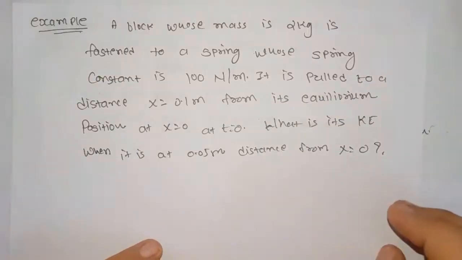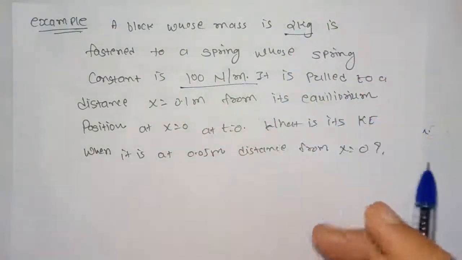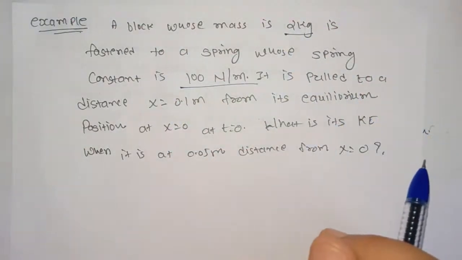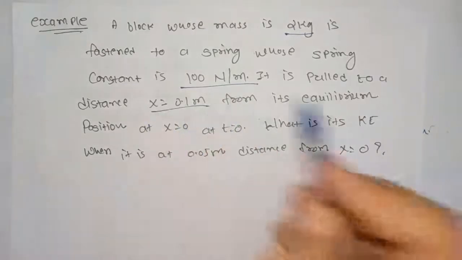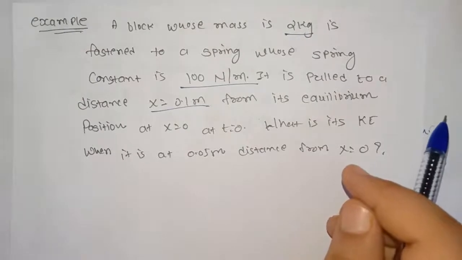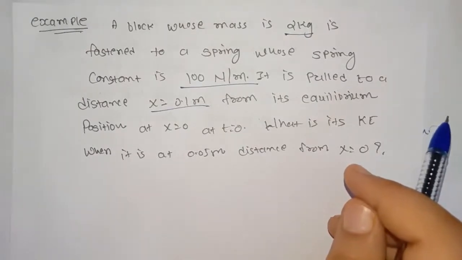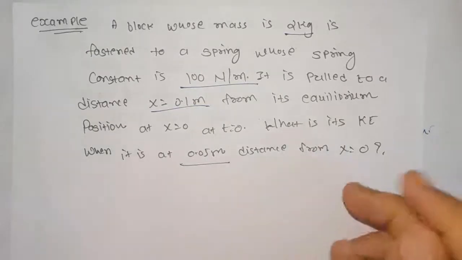In this example, a block whose mass is 2 kg is fastened to a spring whose spring constant is 100 Newton per meter. Now it is pulled to a distance of x equal to 0.1 meter from its equilibrium position. We want to find its kinetic energy when it is at 0.05 meter.